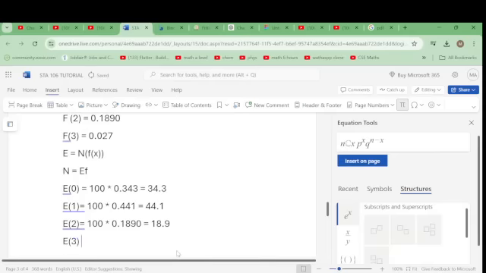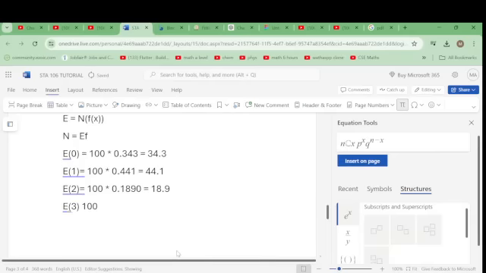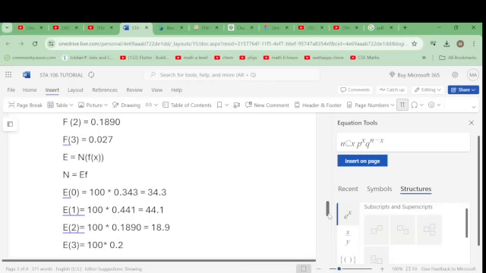Okay, 100 times 0.027, which is equals to 2.7.